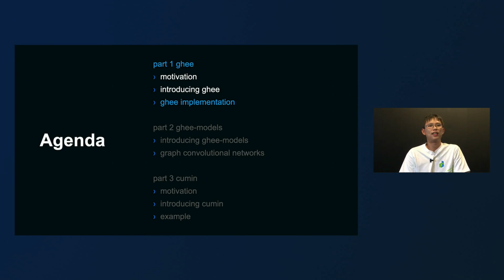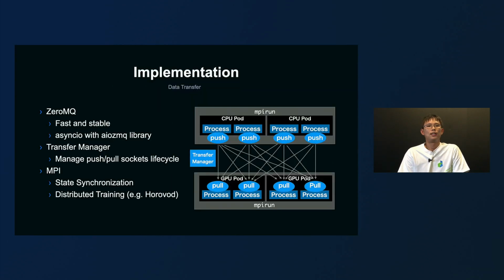Now I will explain about the ghee implementation in the backend. The most complicated part is data transfer. The diagram on the right shows the data flow from CPU pod to preprocess, CPU to GPU pod. We use the push-pull mechanism of 0MQ for inter-pod data transfer.